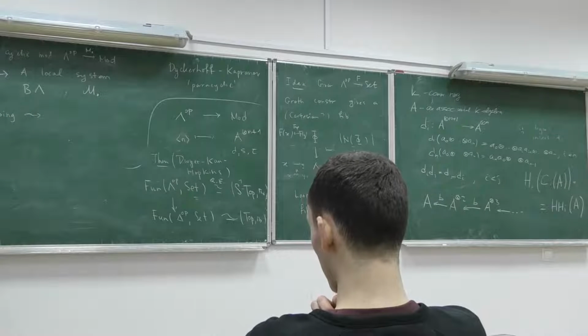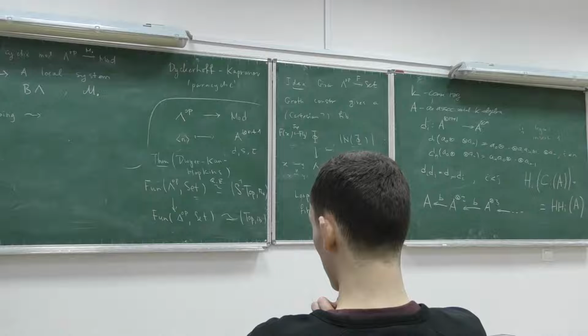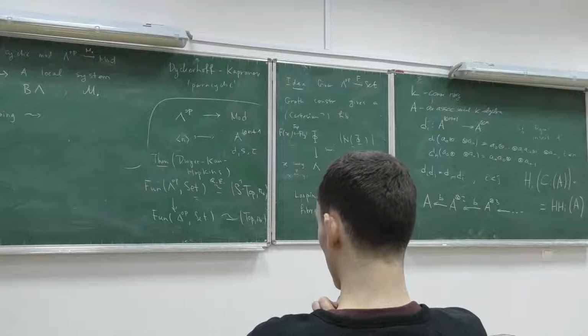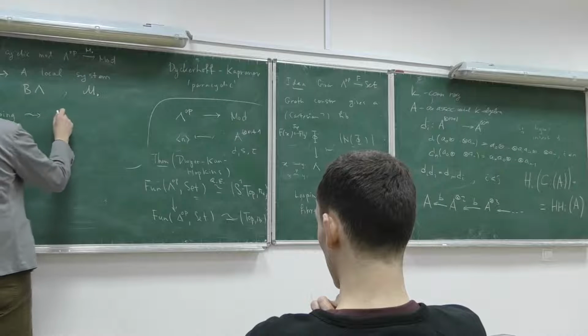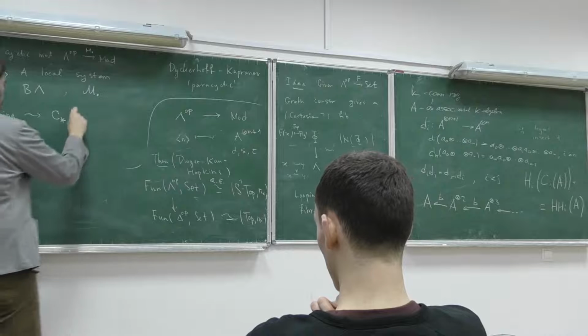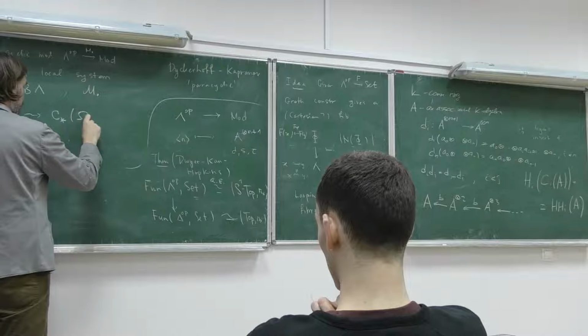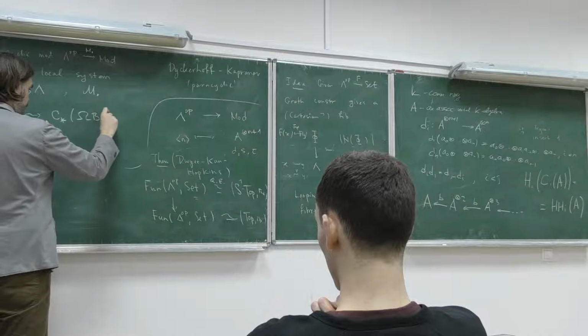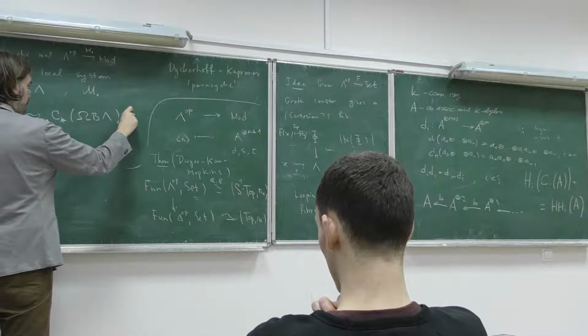A local system on a classifying space is the same as a module over chains on the base loops. So we get chains on base loops acting on a fiber.